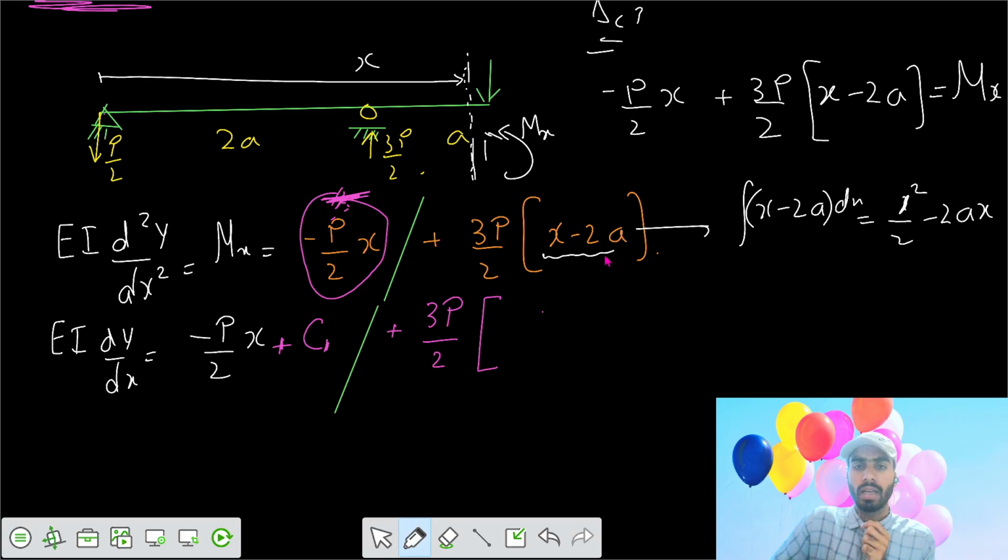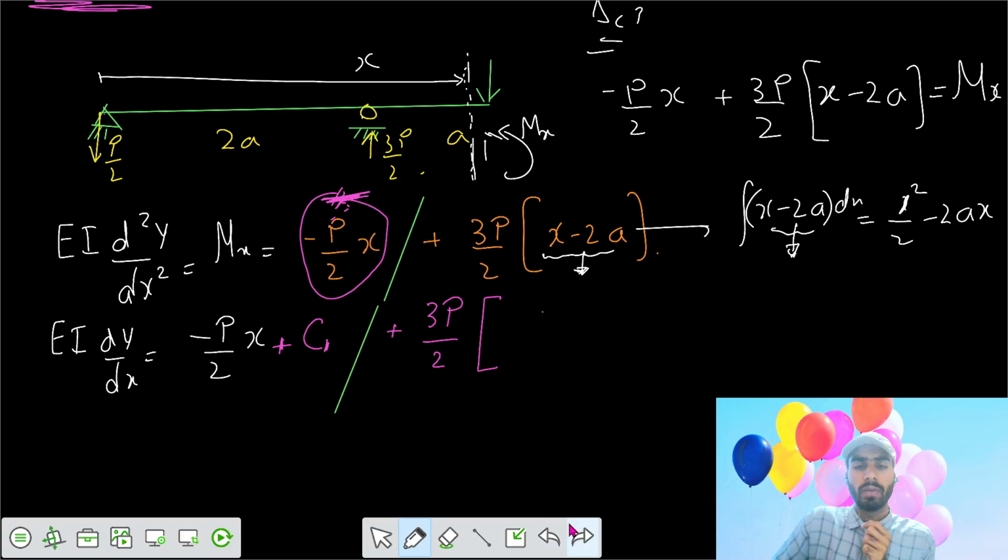This term is valid only after point B. So these things won't make any sense for this condition, because we have to make sure that this term is valid only after it has crossed 2a. So we have to keep it as it is.